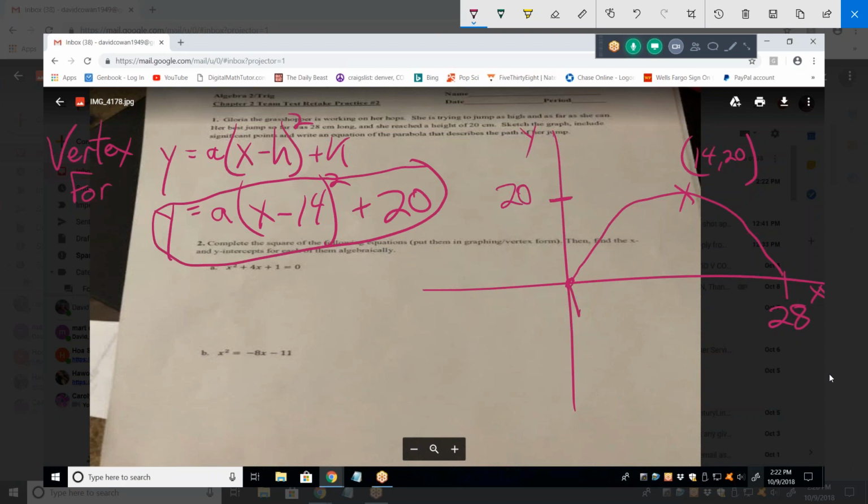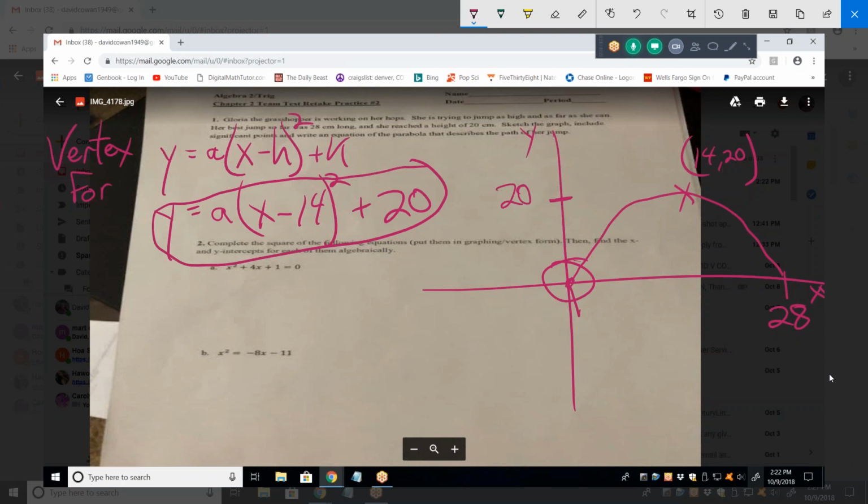Now we have to solve for a. So in order to solve for a, we merely need to find one other point on that graph. How about this point there? What's the x and y coordinate of that point? 0, 0.